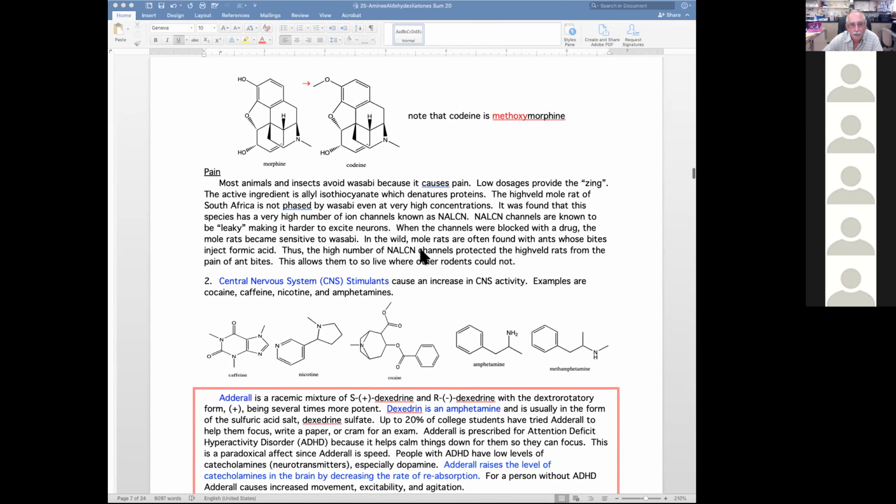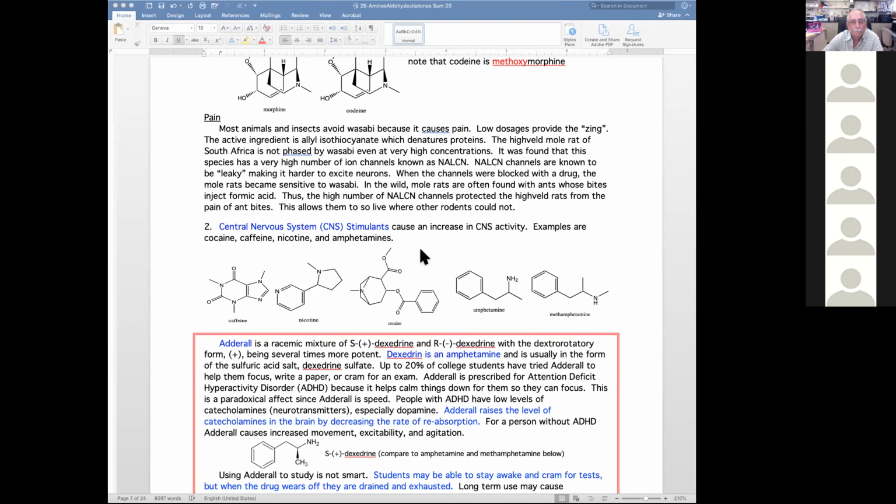So what about pain? People study pain. So most animals and insects avoid wasabi because it causes pain. I guess some people might not know what wasabi is. Is that green mustard stuff that we put on certain foods?